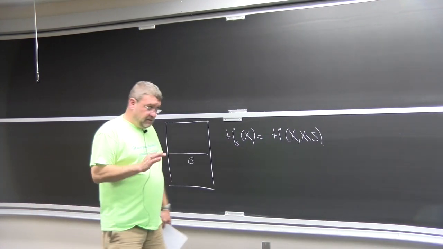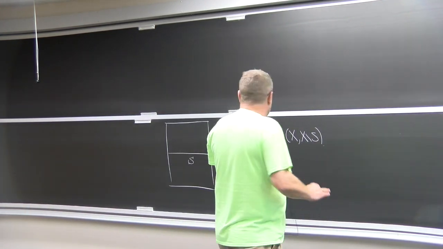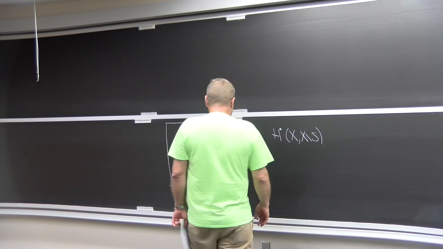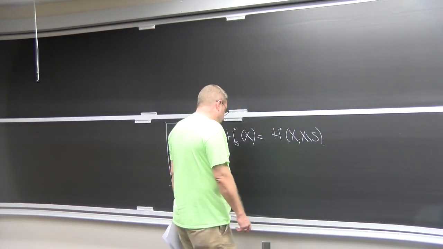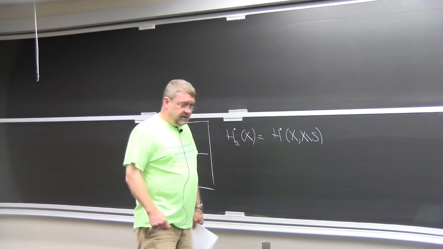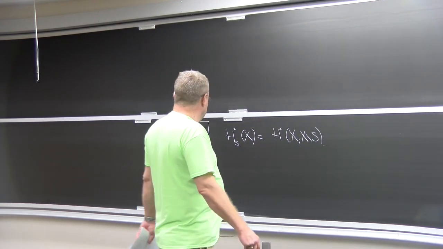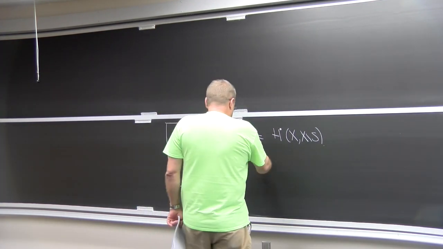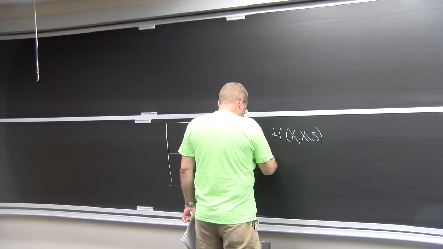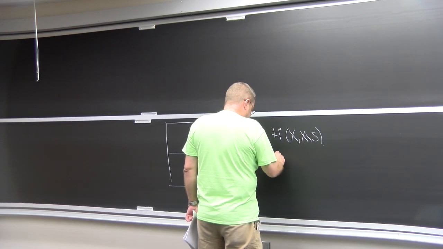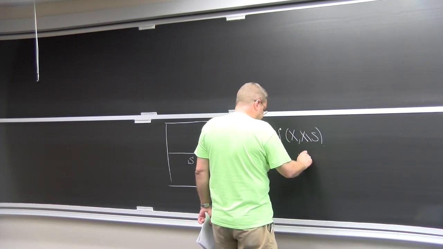And what is the main role of local cohomology? How is it used in this microlocal theory of sheaves? We have this long exact sequence of pairs.